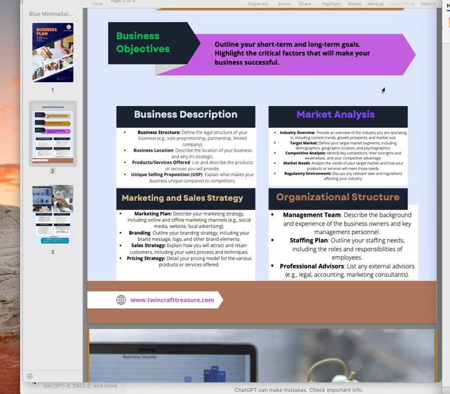Next section is organizational structure. So the management team, you can describe their background and experience of the business owners and key management personnel. Then staffing plan, outline your staffing needs, including the roles and responsibilities of employees. Then professional advisors, you can list any external advisors, for example legal, accounting, marketing consultant.